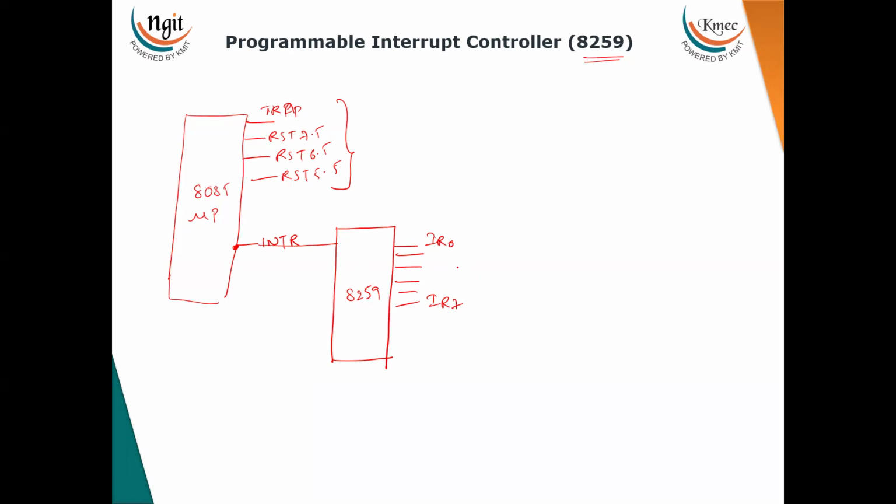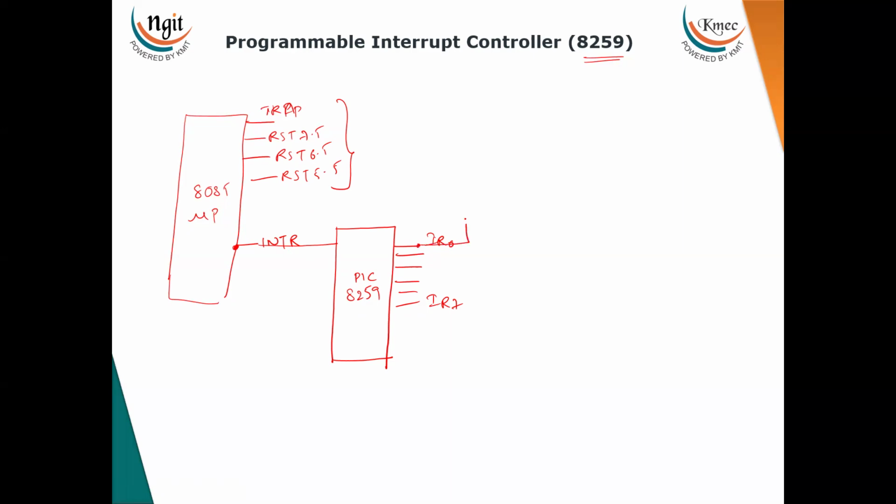It will handle a total of 8 interrupts. By connecting this IC to the 8085, the interrupt handling capability of the processor can be increased. By using a single IC, the maximum number of interrupts is increased to 8.